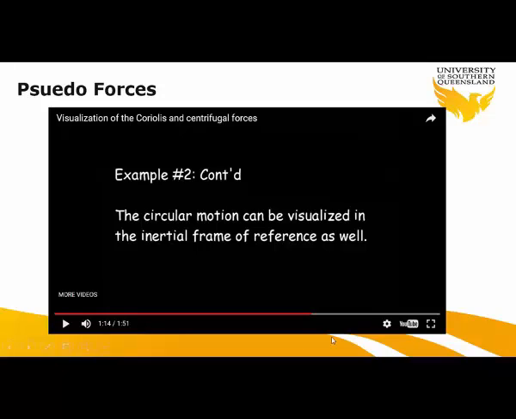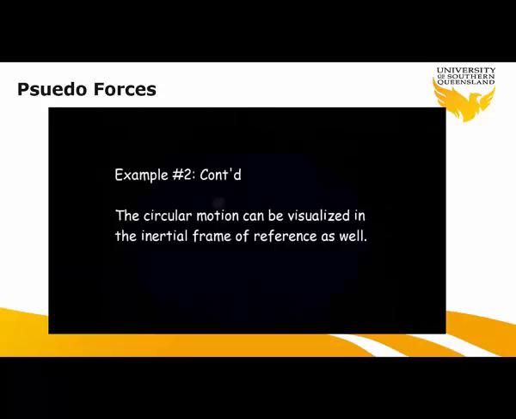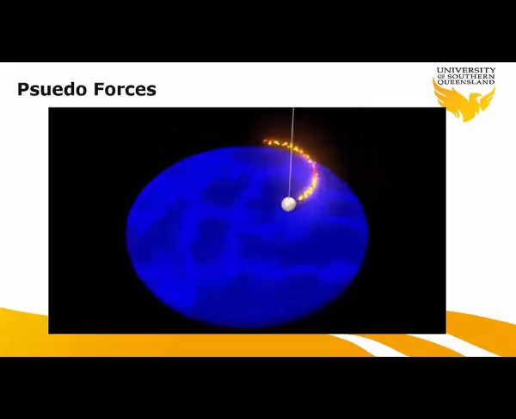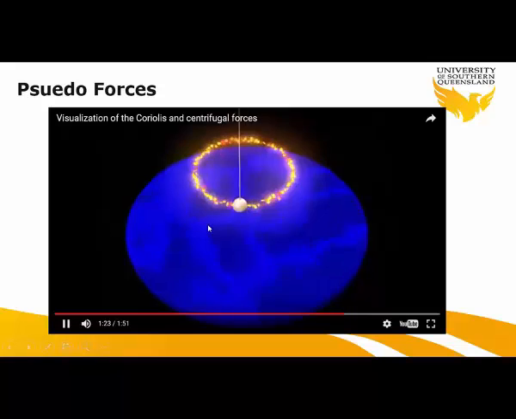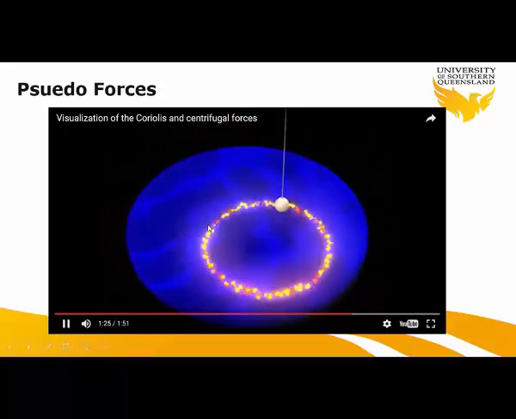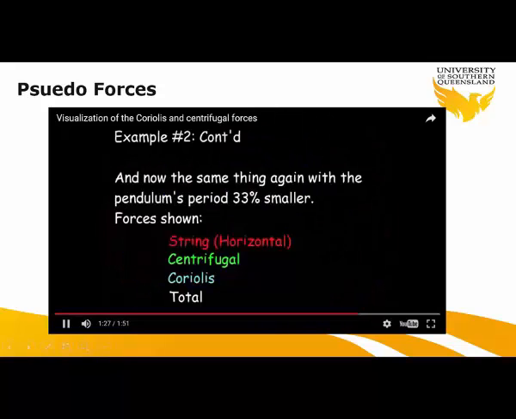So let's have a look at that. That circular motion can be visualized in the inertial reference frame. You can see it looks like a circle. As the frame is moving, the reference frame also is moving with respect to it. It looks like a circle in the inertial frame of reference.